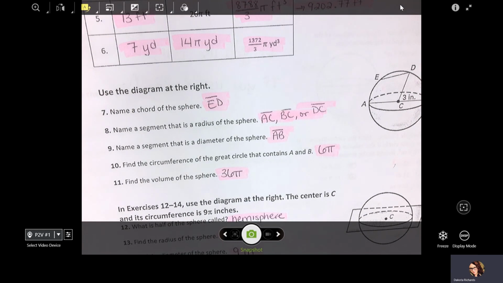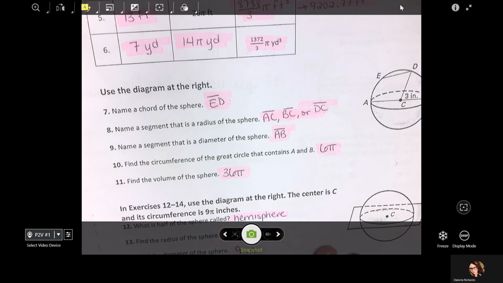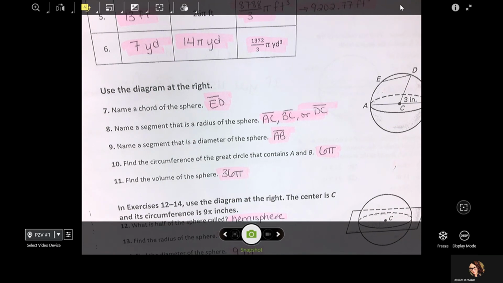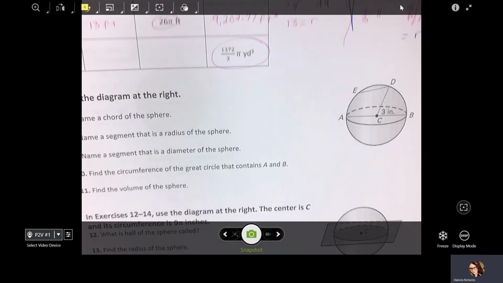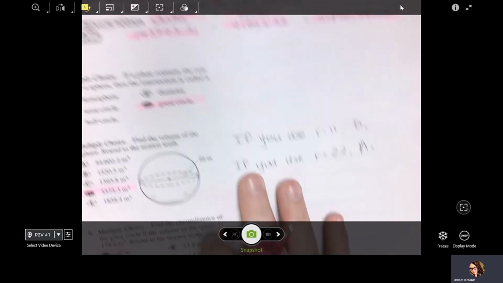Looks like someone had a question about 15. Okay, if you don't have any further questions on number 15.